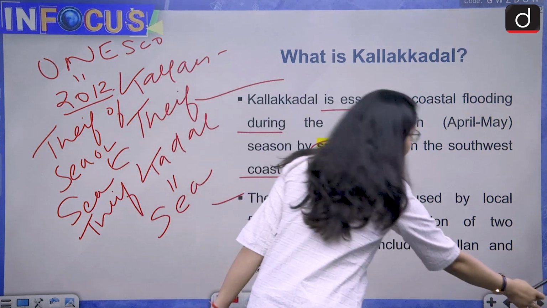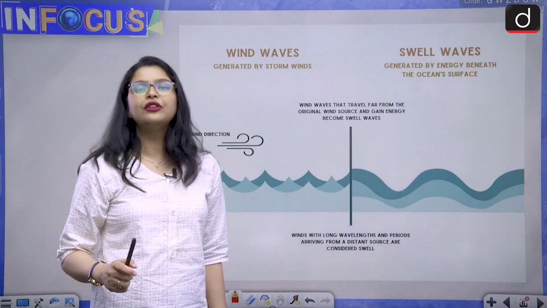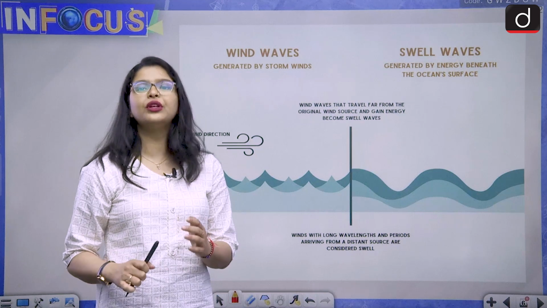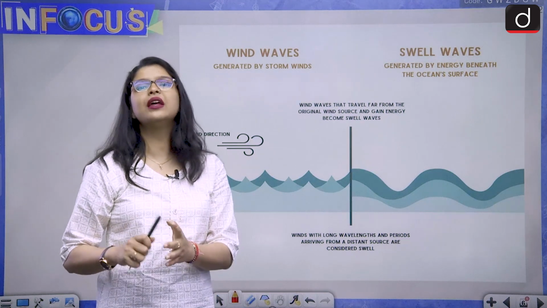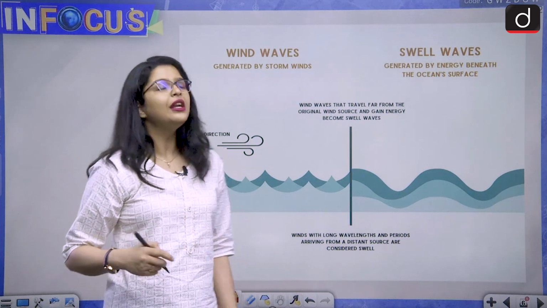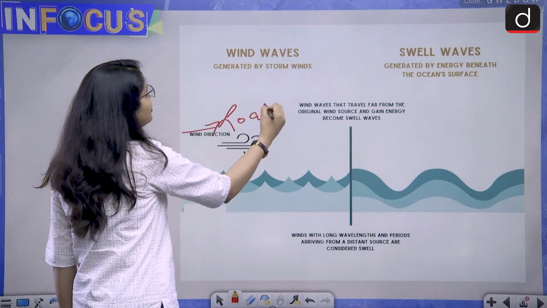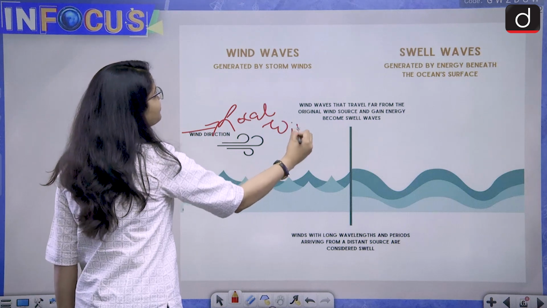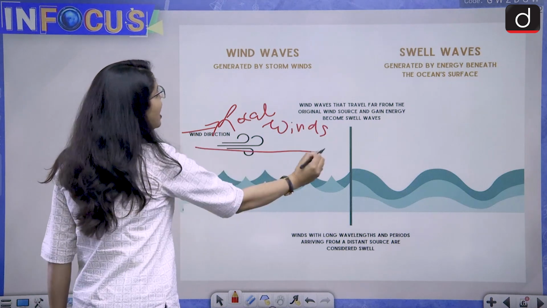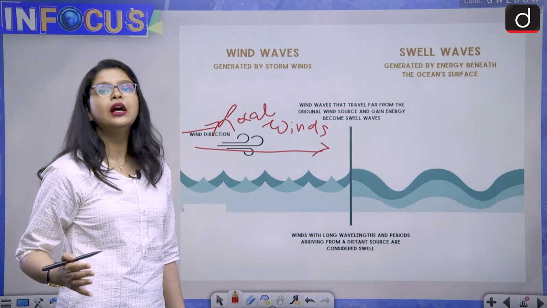Moving forward, let us understand what these swell waves are. Waves can be of two different types. First is the wind waves and another is the swell waves. Wind waves are influenced by the local winds because they are carried forward by the local winds.